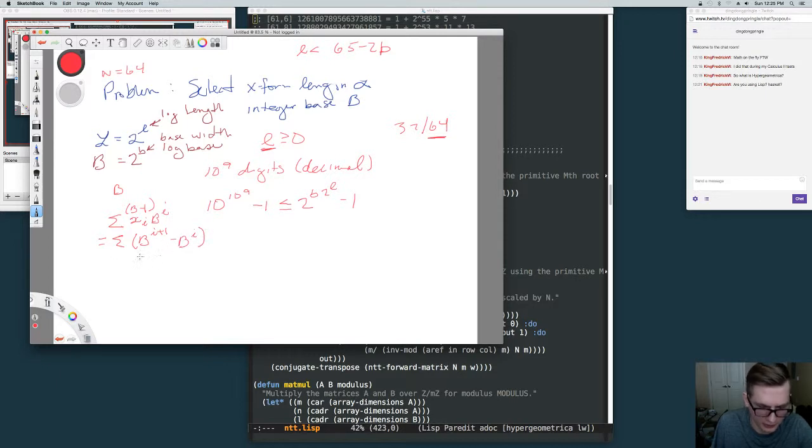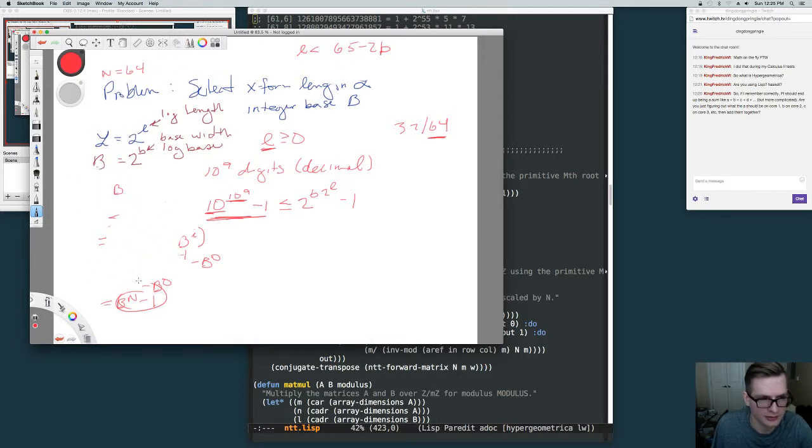This series telescopes, so we have, let's say this goes up to n, b to the n minus 1 plus 1 minus b to the 0, and this equals b to the n minus b to the 0, which equals b to the n minus 1. So this is where this came from. Our base is 10, our n is 10 to the 9, so our maximum representable number is 10 to the 10 to the 9 minus 1. I don't think I mentioned that, but there's why I chose those things right there.